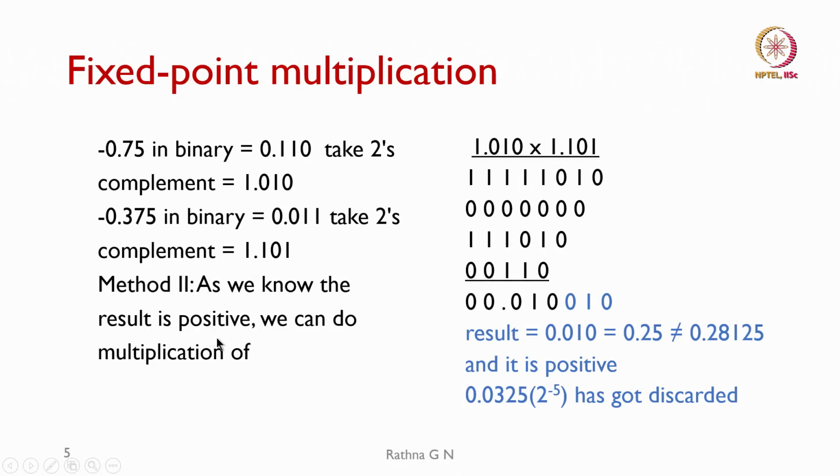So, in the second method we will be doing the multiplication in 2's complement. So, 1.010 into 1.1101. In this case one has to consider that when you are multiplying with 1, you have to extend the digits by 1.